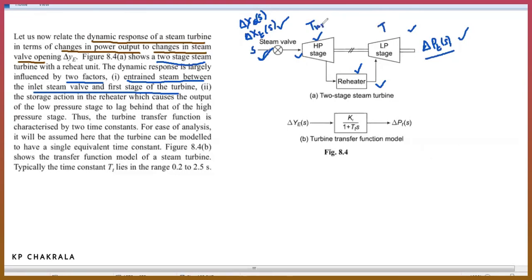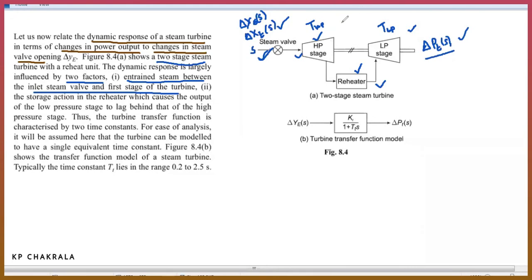So HP and LP, because after useful work is done in the HP stage, the steam is allowed through the reheater, where it takes a certain time, approximately 4 to 10 seconds, and after that it is allowed into the LP stage. So there is some delay in the operation of the LP stage, or delay in the process of the steam moving from the HP stage to the LP stage.